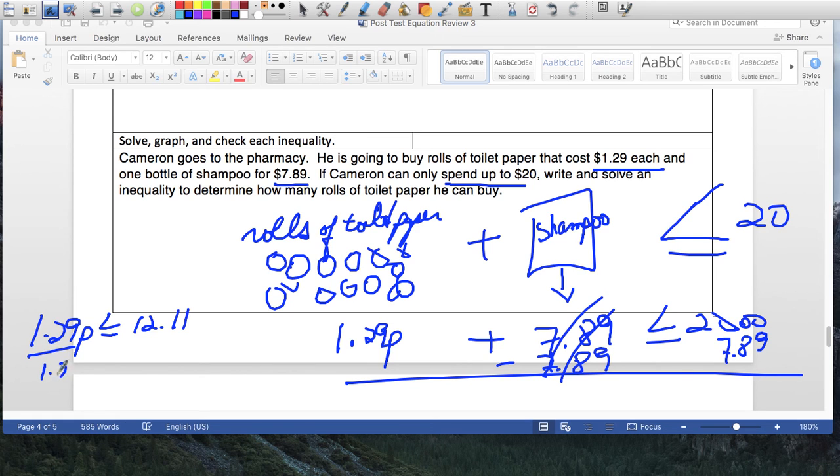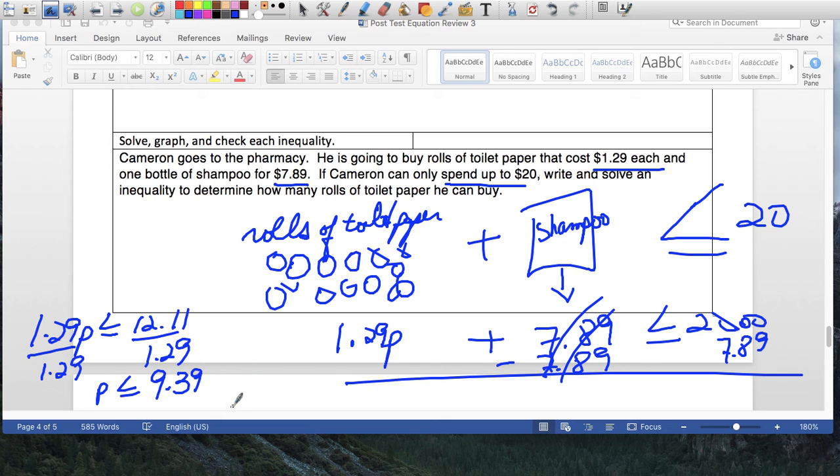I'll divide both sides by 1.29. I hopefully understand that makes sense, right? Because I had $20 and I subtract the bottle of shampoo, I'm left with $12.11. And $12.11, I'm going to now divide by the price of the toilet paper to see how many I can buy.